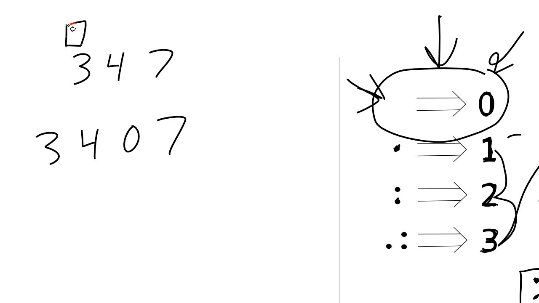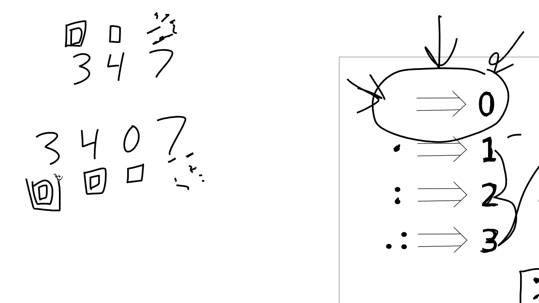This one means 3 of these medium-sized packages, 4 small-sized packages, and then 7 strays. This one, on the other hand, going in the other direction, means 7 strays, no small packages, 4 medium, and then 3 large.